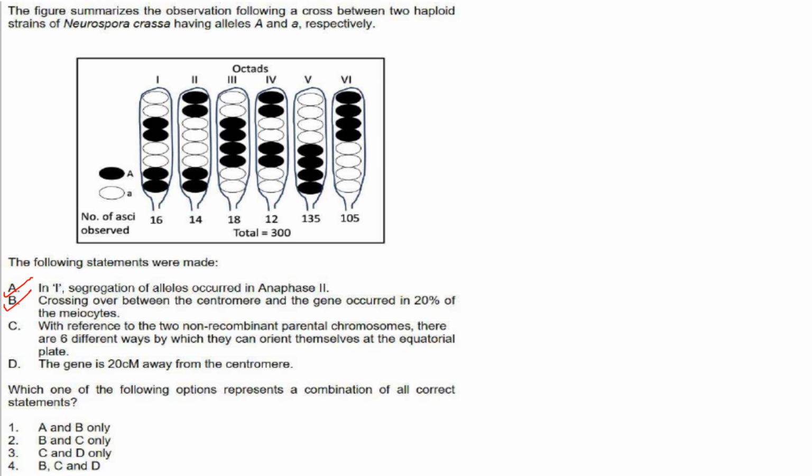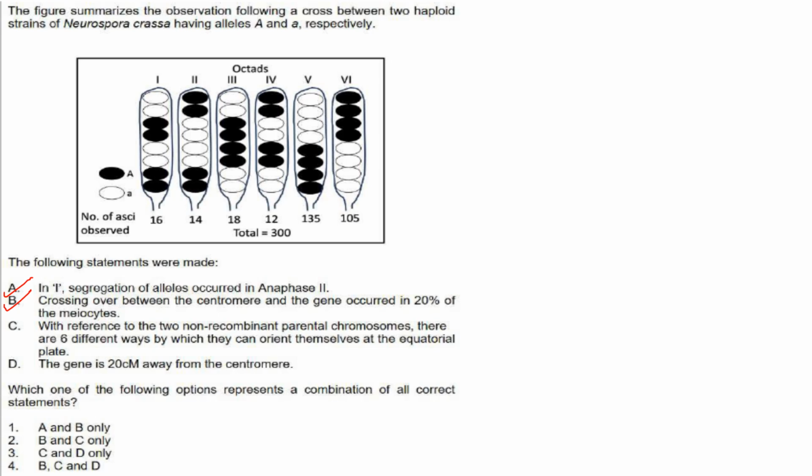With reference to the non-recombinant parental chromosomes, there are 6 different ways by which they can orient themselves at the equatorial plate. Actually, for orientation of the chromosome at the equatorial plate, there is a formula, that is 2 raised to n, where n is the number of chromosomes per set. So it is not 6, it will be more than 6.